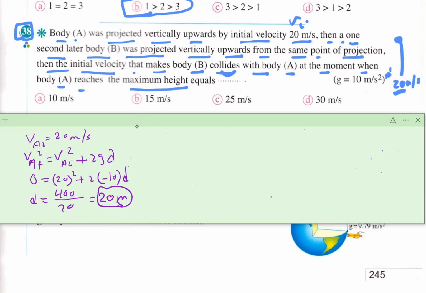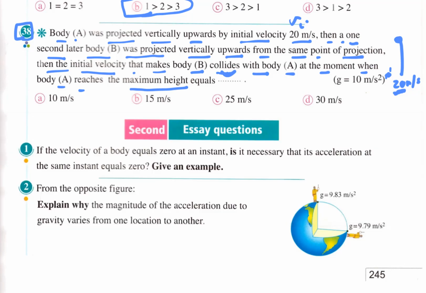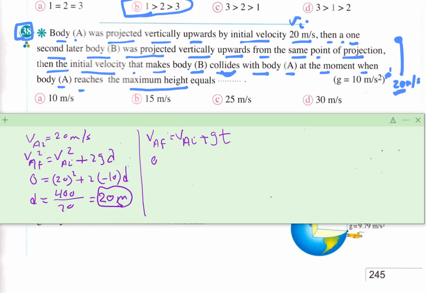Let's speak about the time taken by this object, body A, to reach the maximum height. So you know VA final equals VA initial plus gt, right? So 0 equals 20 minus 10 times t.